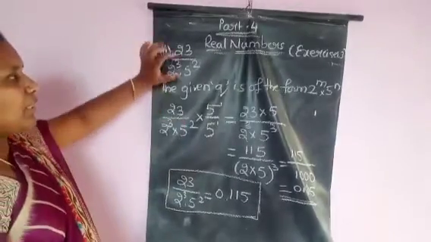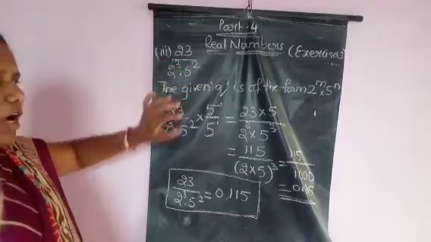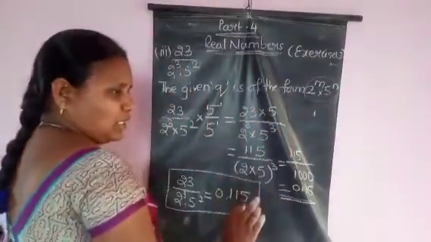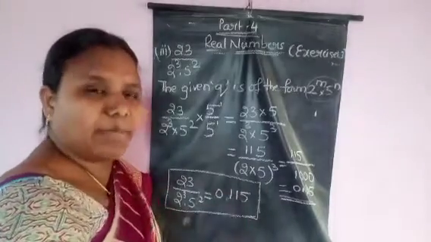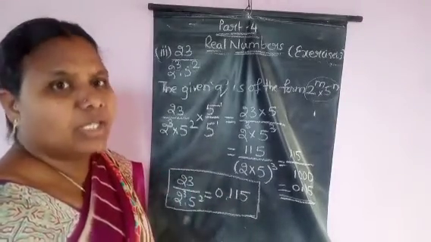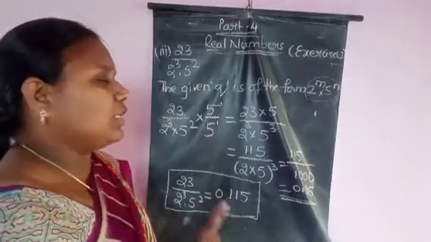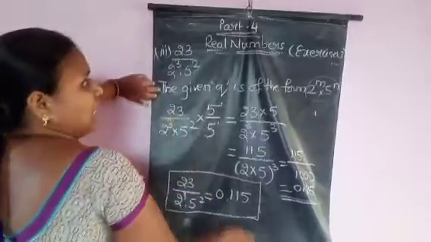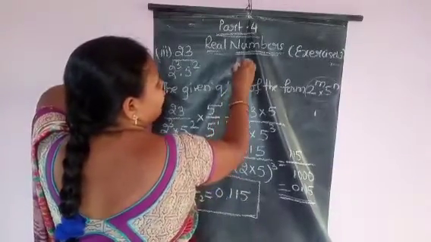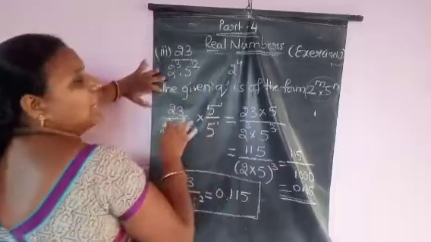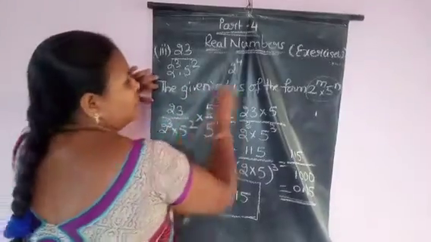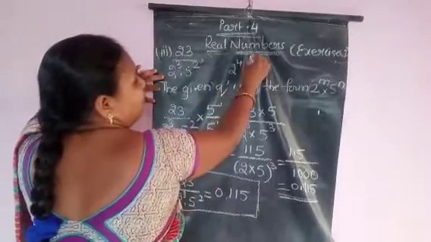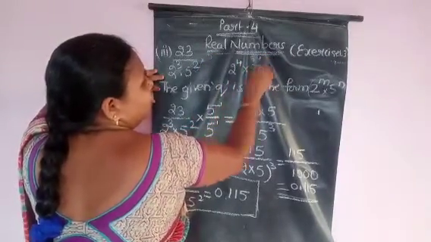If the given denominator is of the form 2 to the power of m into 5 to the power of n, we can convert that into terminating decimal form. If it has only 2 to the power of 4, we can multiply the whole fraction by 5 to the power of 4 by 5 to the power of 4.